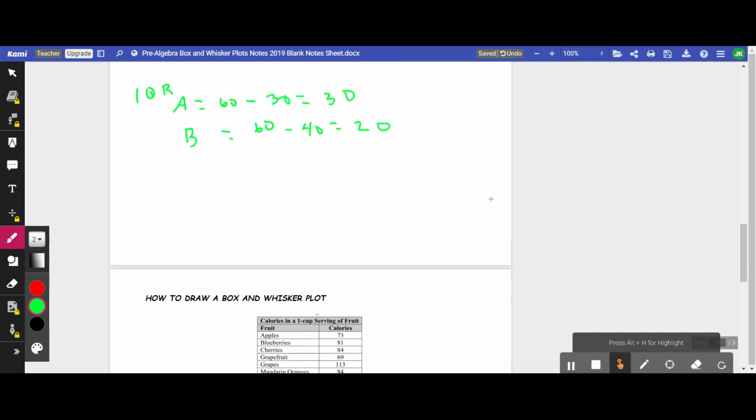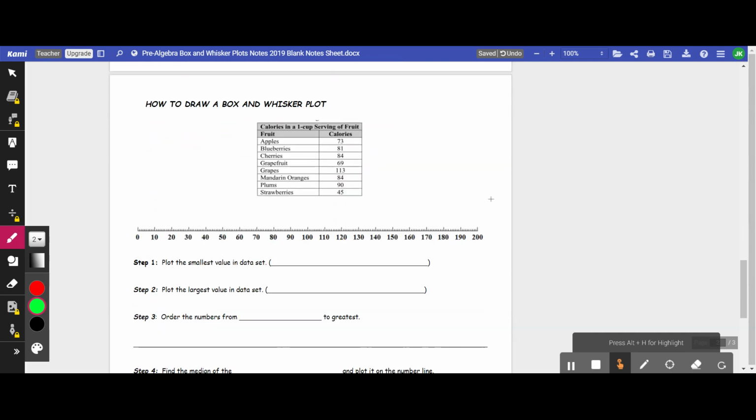Okay, so for these here, we're going to draw a box and whisker plot together in the back here. These are the steps you're going to follow. Your first step is that you're always going to plot the smallest value in your data set. So we have this data set here, and you can look in the chart and figure out the smallest value, which is going to be 45 for the strawberries.